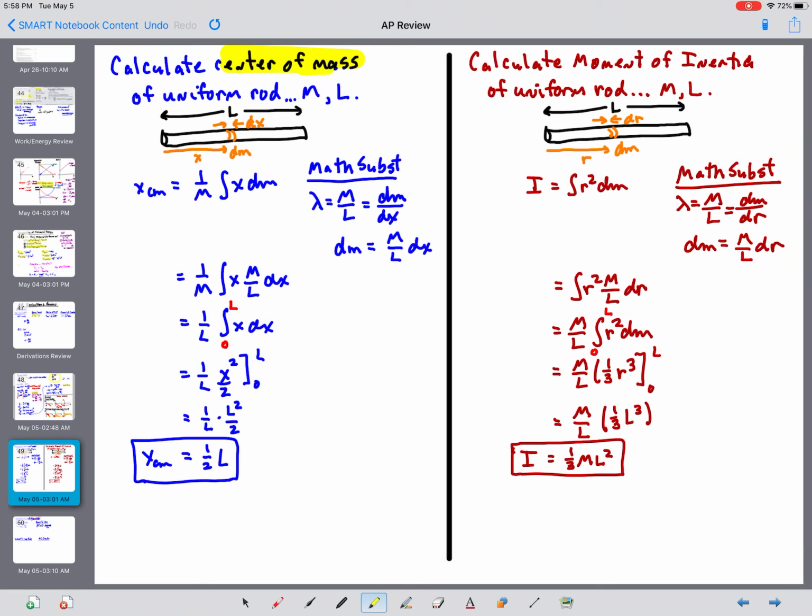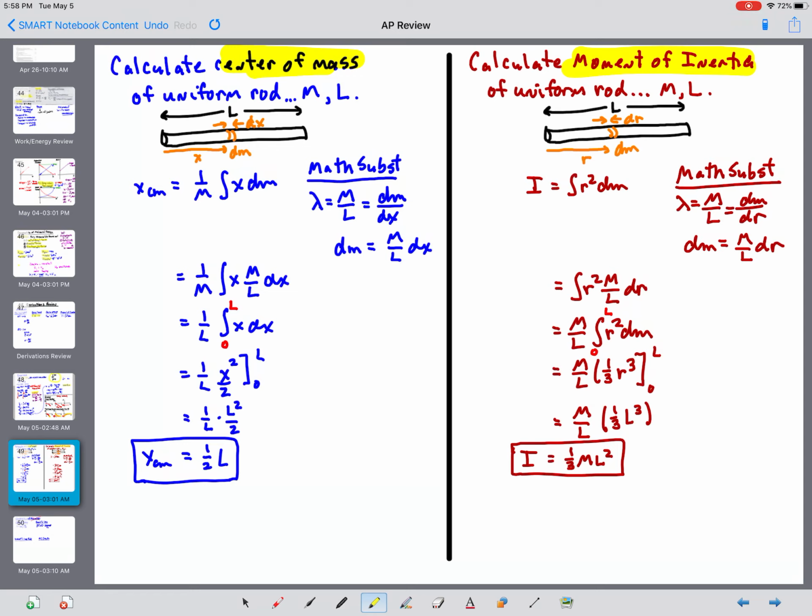Center of mass on the left side, moment of inertia on the right side. I did not do complex derivations on these because I wanted to walk you through the logic. Now that we've done so much with charges in second semester, these should make a lot more sense.